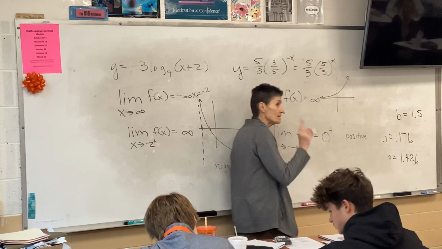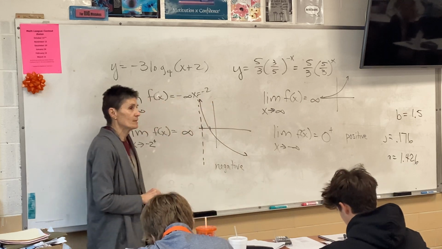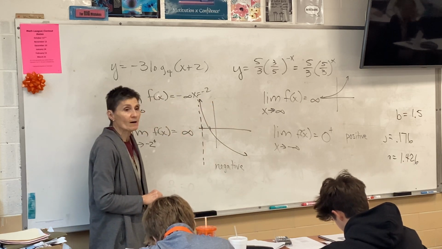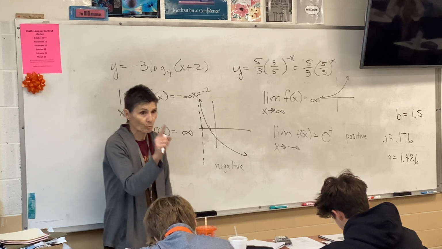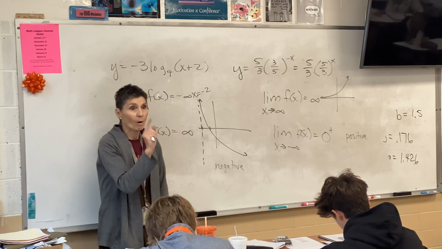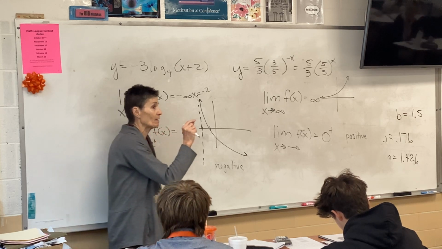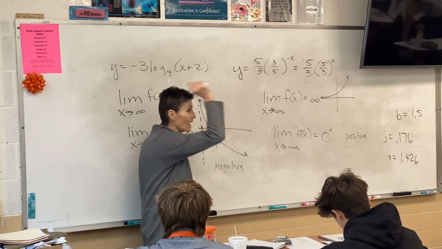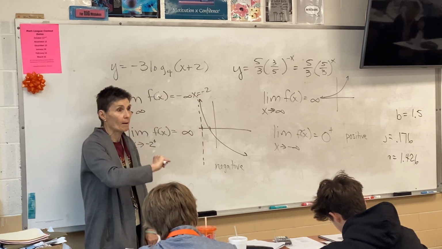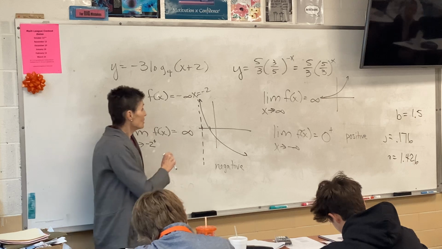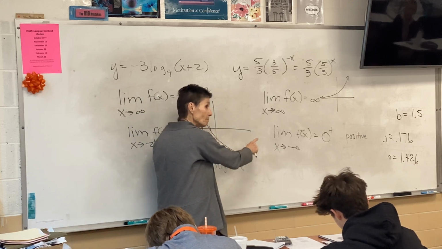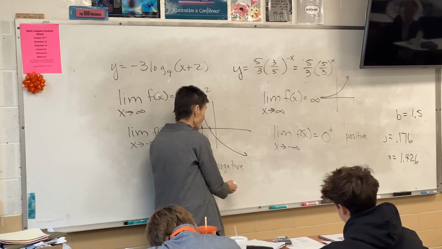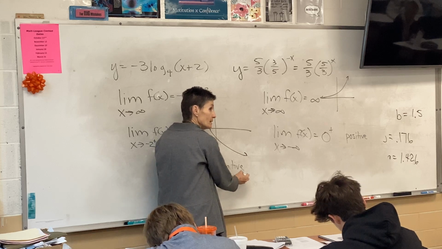All right, now I want increasing or decreasing. Not the function itself, but the rate of change. What do I look at if I want to know about the rate of change? Concavity. Bingo, good job, concavity. So this is concave up. So the rate of change is increasing.